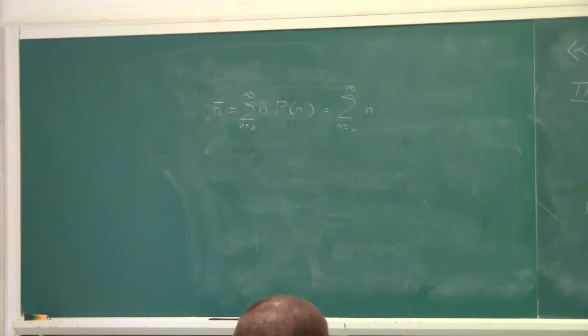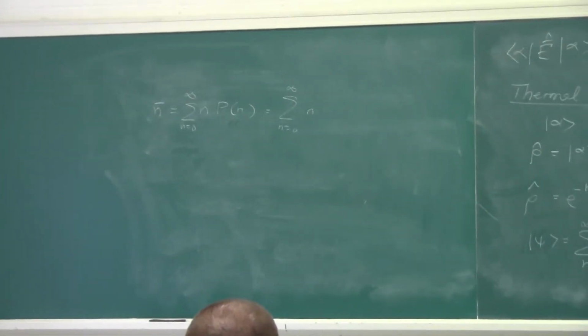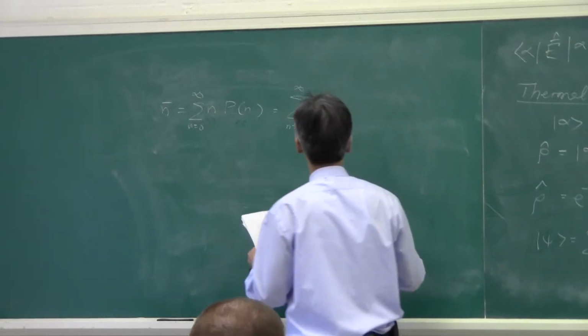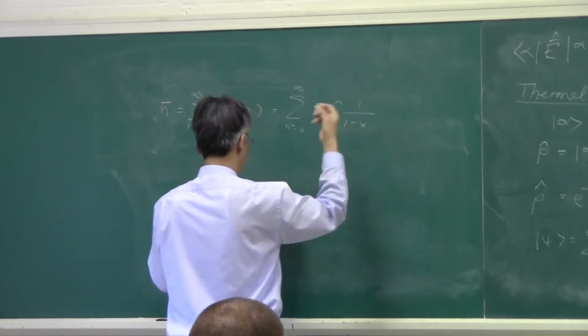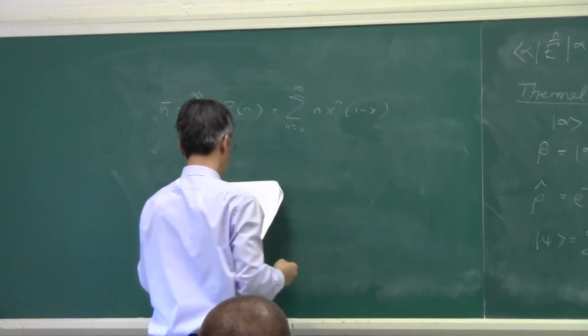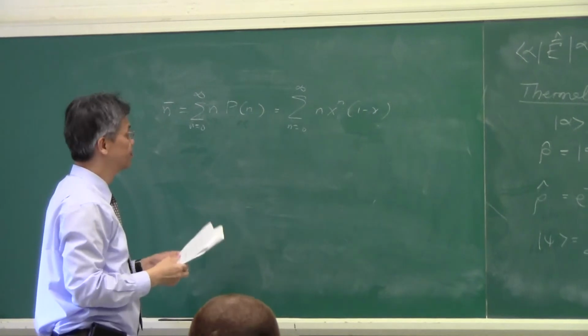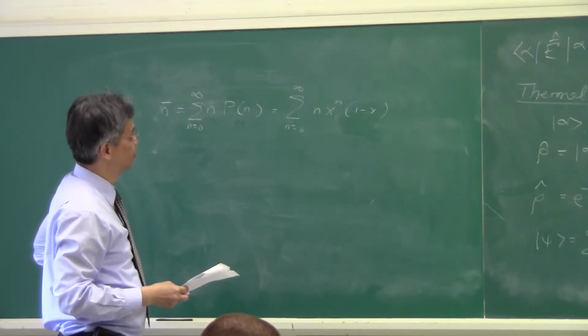Okay, you can see that this is equal to something like x to the n times 1 minus x. If you let x be that thing over there, you can sum it. You can sum this very easily.